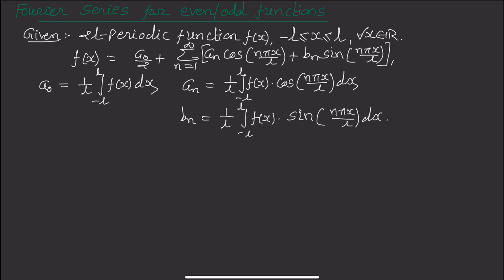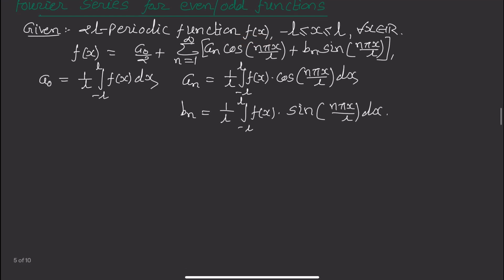Here a0, an and bn are called the Fourier coefficients, and this relation f of x equal to a0 by 2 plus summation is called the Fourier series of the function f of x. Clear? You know this thing.